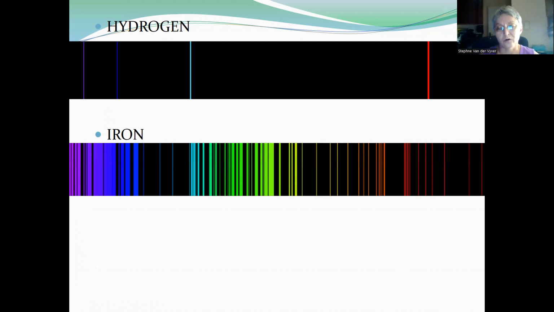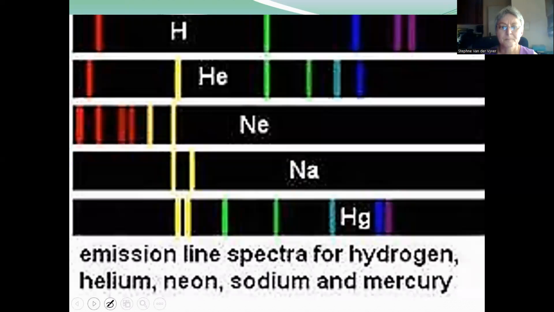So it means that there are more electrons, but also more energy levels. Very interesting. This is the line emission spectrum of iron. There's another one for hydrogen, helium. You can see each element will have its own frequency of light emitted. Helium, neon, sodium, and mercury line emission spectra: you can see that none of those lines will coincide.